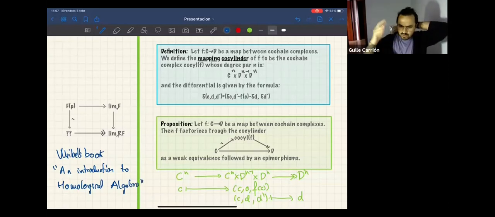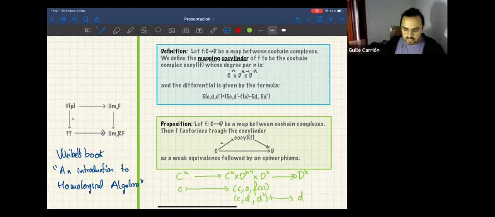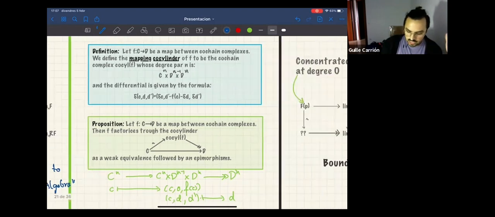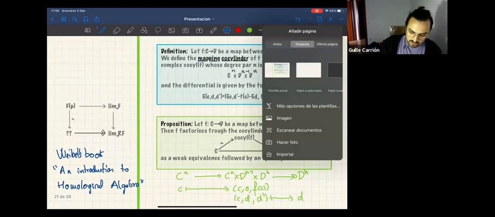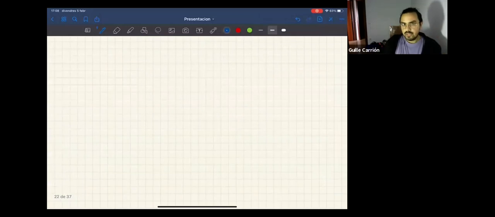I think it's 1 or 2, it's earlier, and he speaks about the mapping cone, but it's similar. Okay, this is a way to solve the problem, but the solution is not good enough.